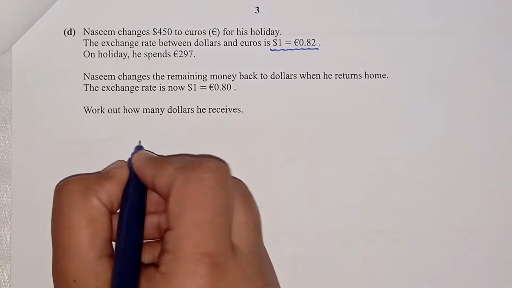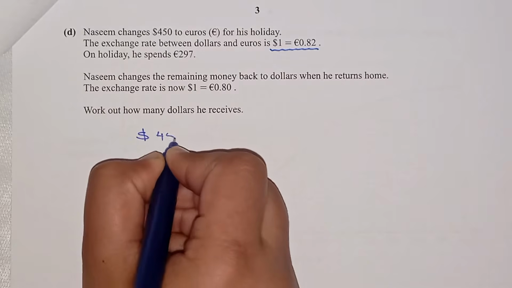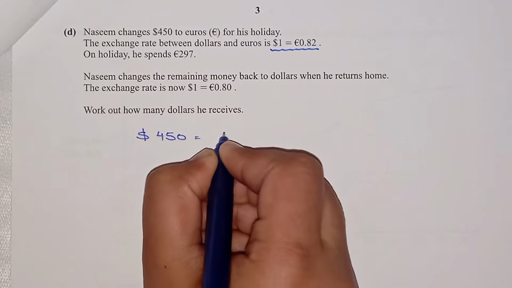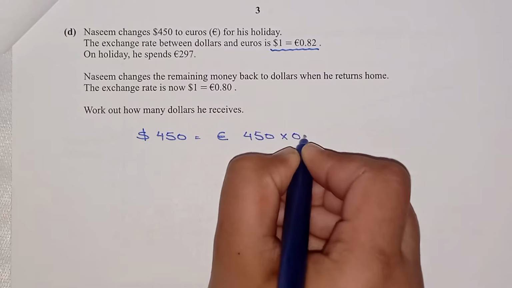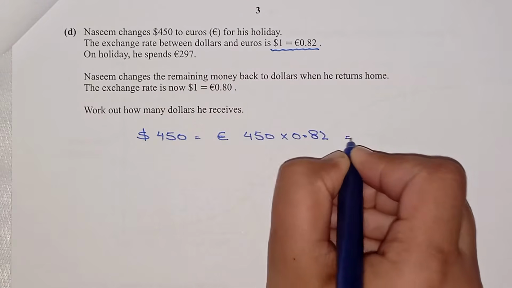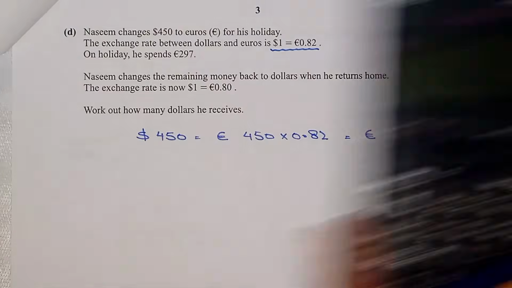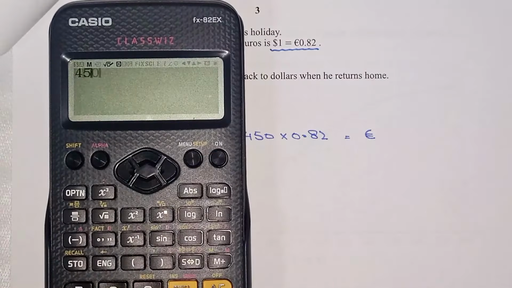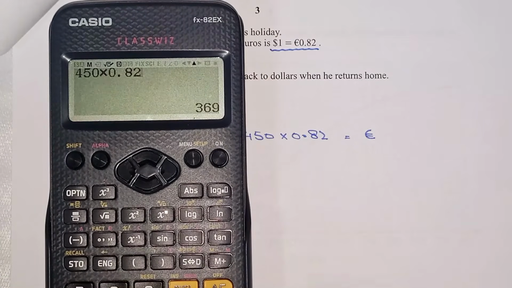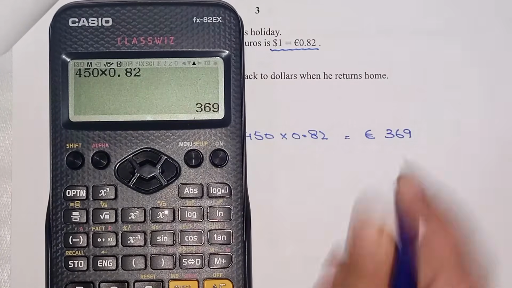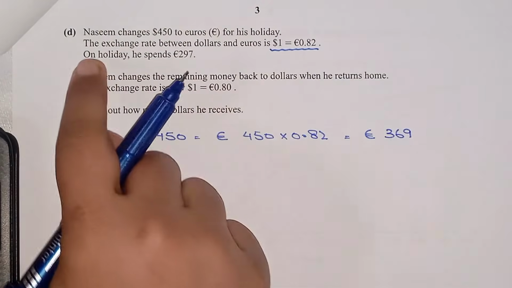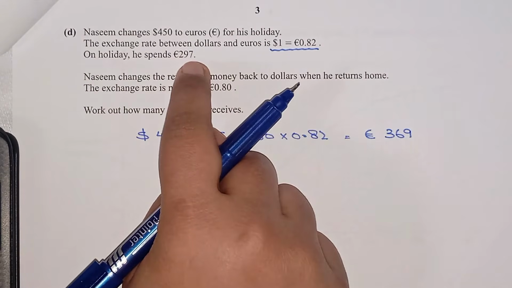So $450 would be equal, in terms of euros, to 450 times 0.82. 450 times 0.82 is 369 euros. Okay. On holiday he spent 297 euros.